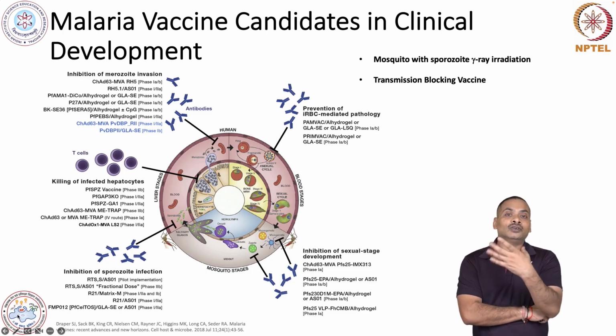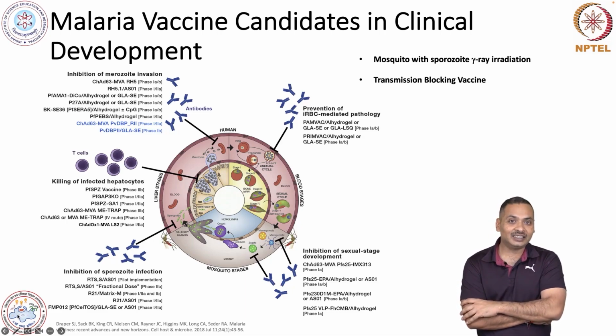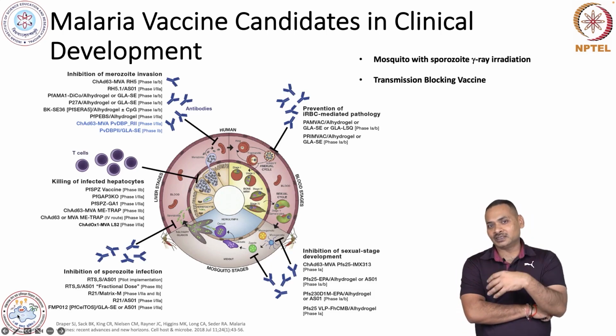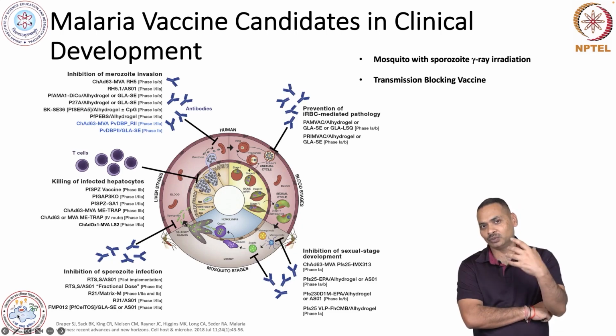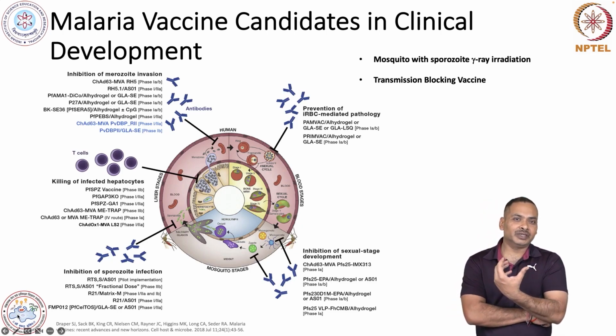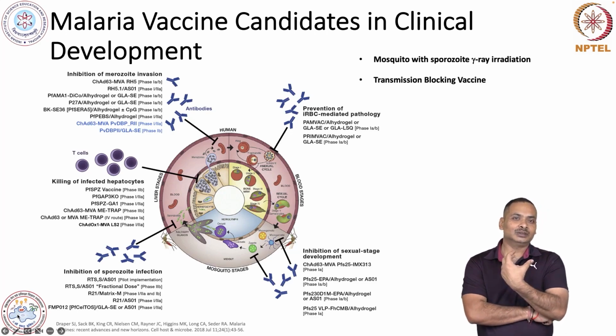Then there will be generation of antibody against that antigen. So when a malaria-containing mosquito bites and takes the gametes, at that time it will take the blood as well as the antibody.